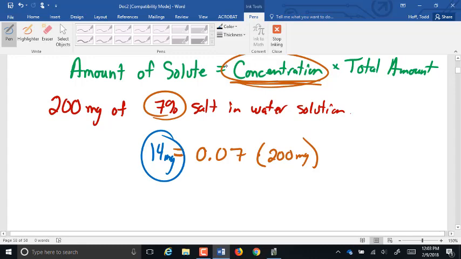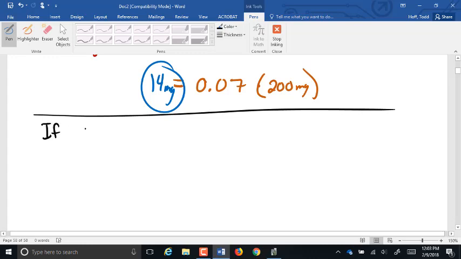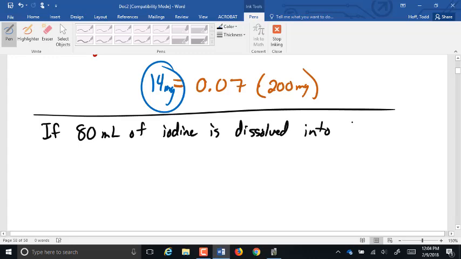It can also be done with water, with a volume or capacity. Let's do this. If 80 milliliters of iodine is dissolved into 400 milliliters of total solution, what is the concentration?